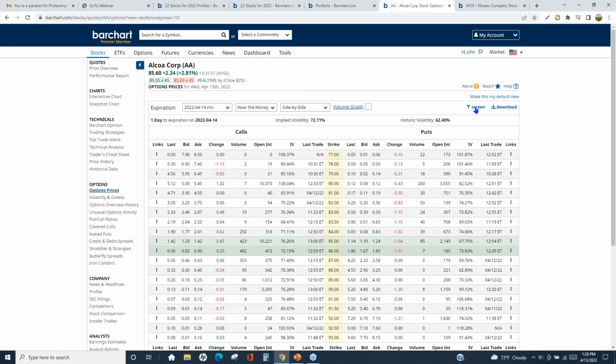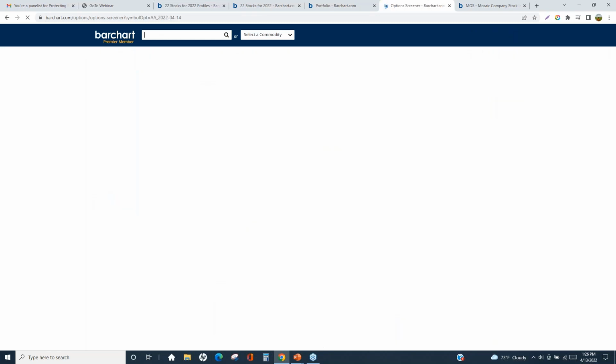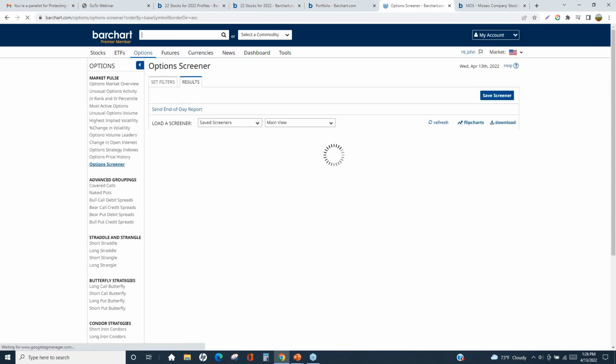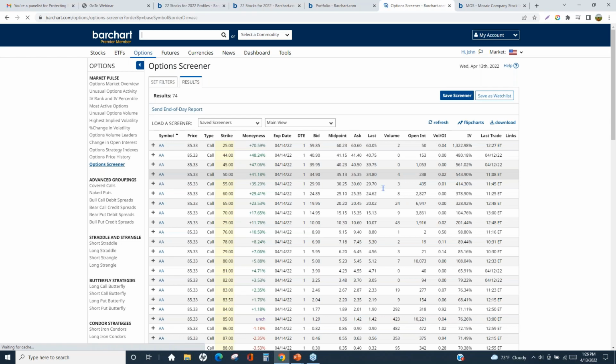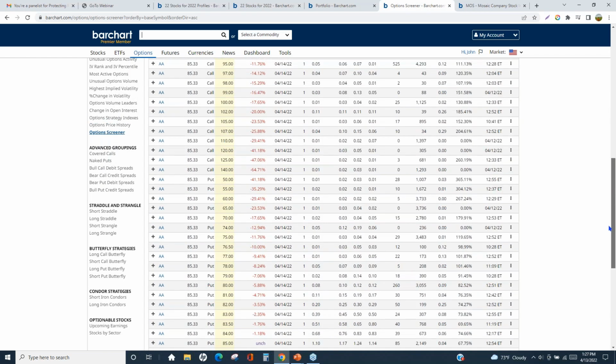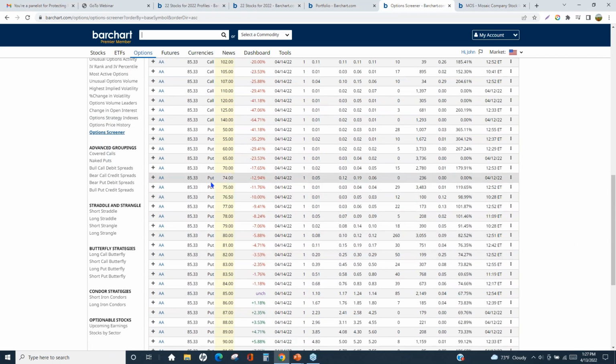If I come up here where it says screen, I can find those different puts. For instance, let's look at that $70 put.